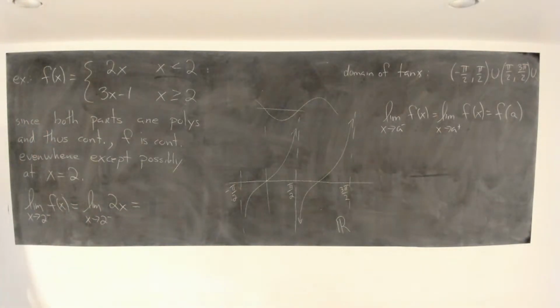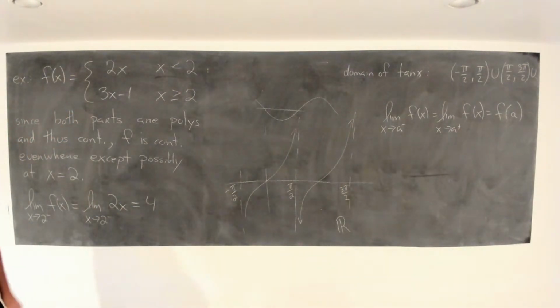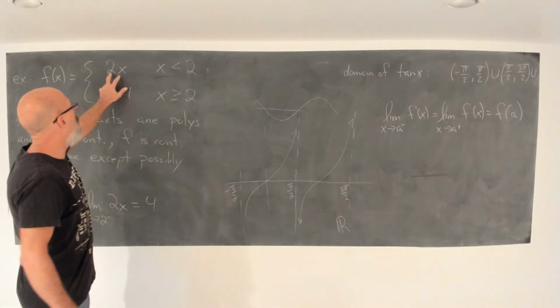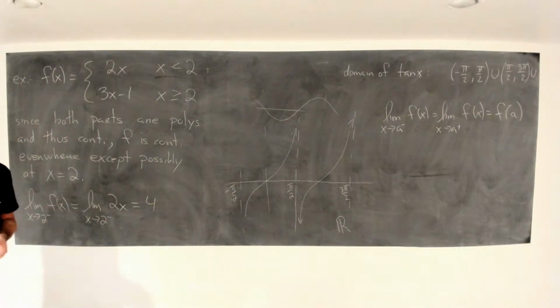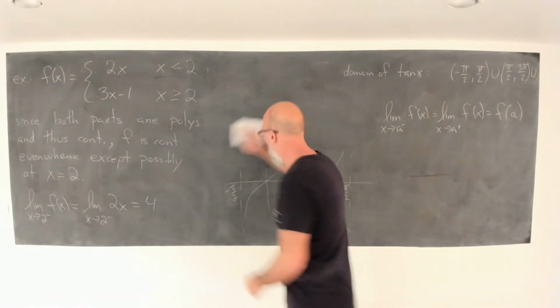Whose limit is 4. Vanessa is asking, why not worry about x being 1/3? Well, when x is 1/3, we're dealing with the function 2x that you know to be continuous. So no worry. So the limit from the left is 4.